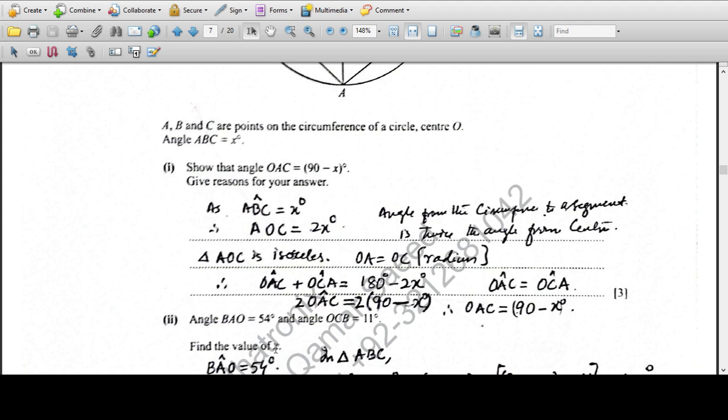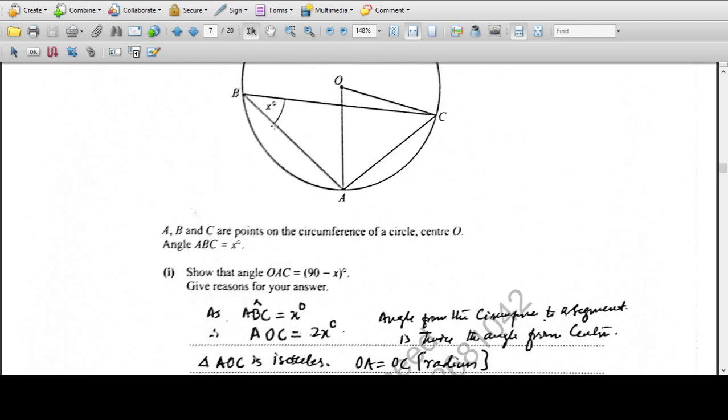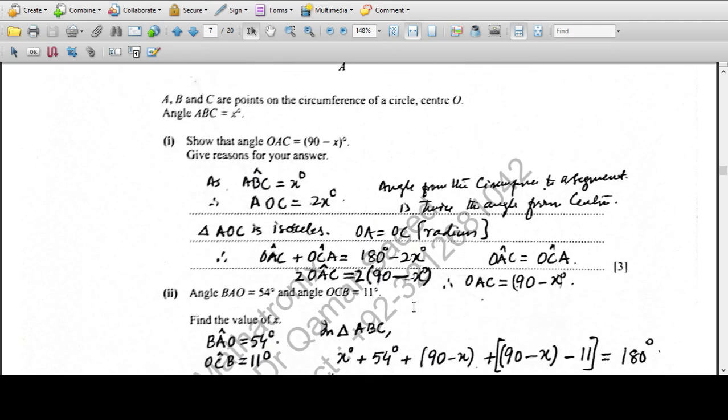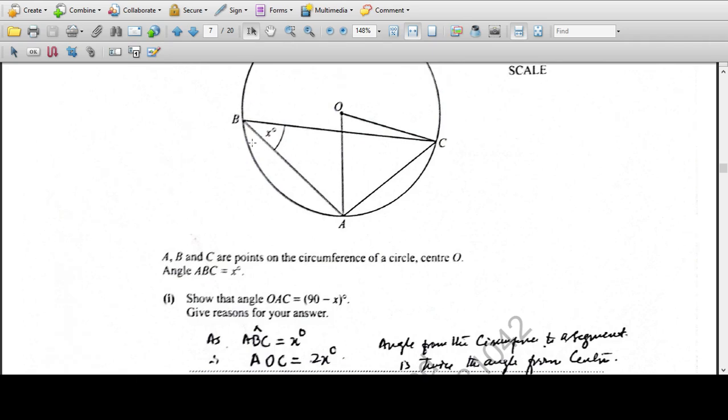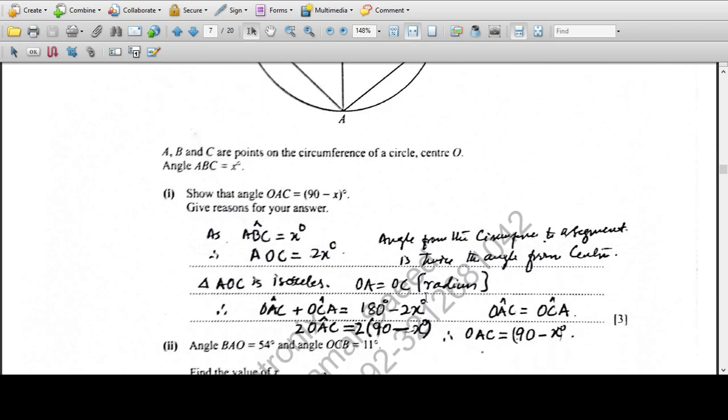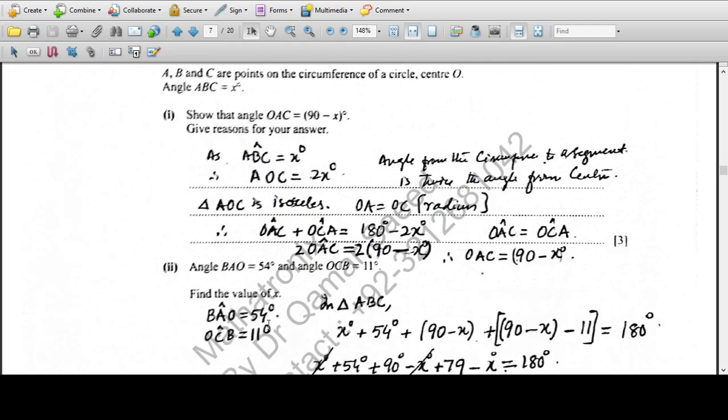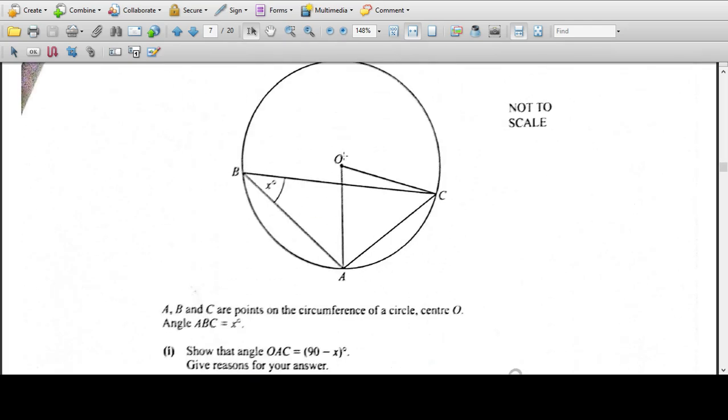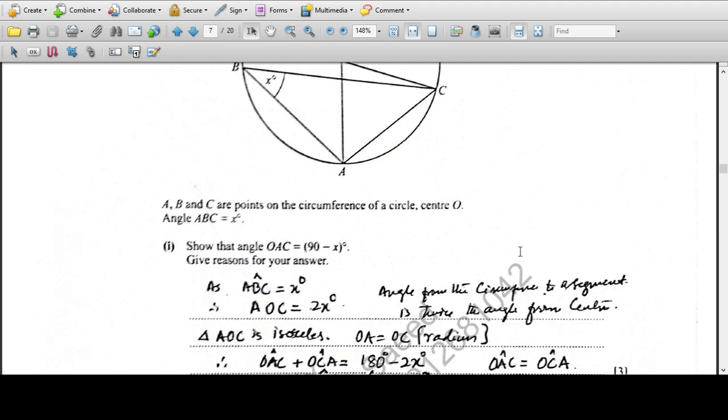So from these values we have to find the value of x. BAO is 54 degree and OCB is this angle, 11 degree.